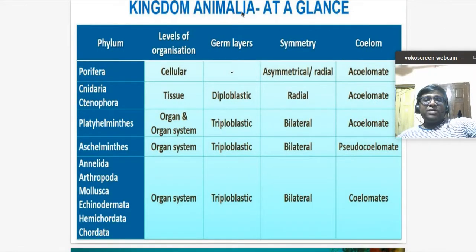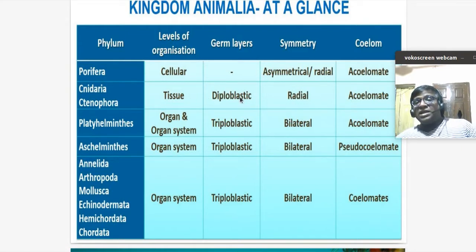So this is a ready reckoner. Porifera, what are their attributes? They have cellular level of organization, they exhibit asymmetrical or radial symmetry, and they don't have coelom, so they are acoelomate. Phylum Cnidaria and Ctenophora have tissue level of organization.